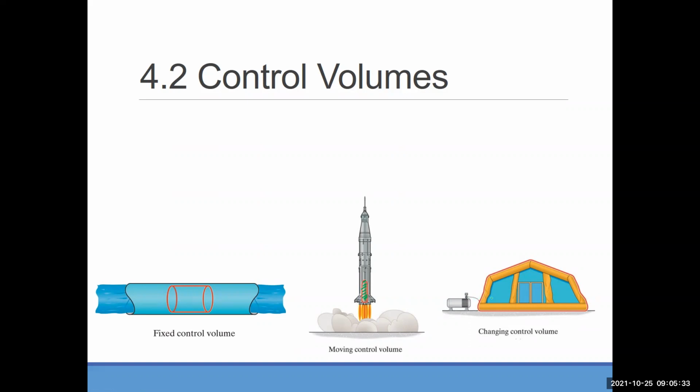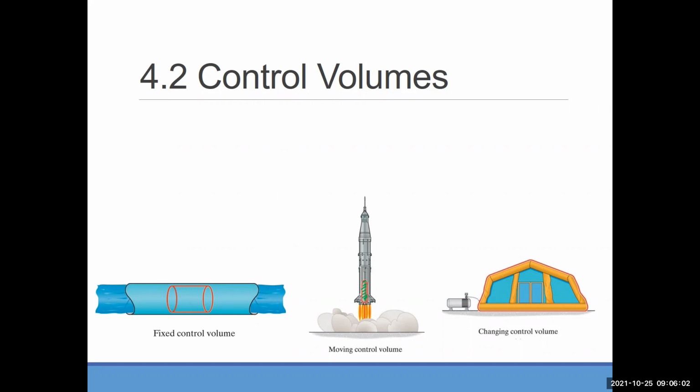The more air you insert inside that balloon, the more the volume it is getting, it will change the shape, right? That means the control volume can be fixed, it can be moving, it can be expanding, shrinking, something like that.